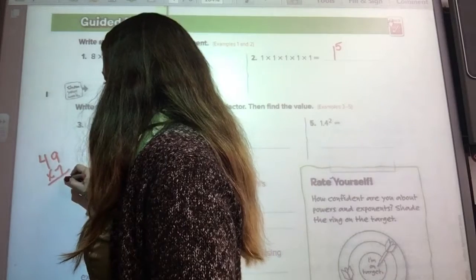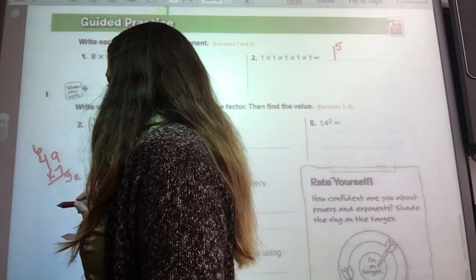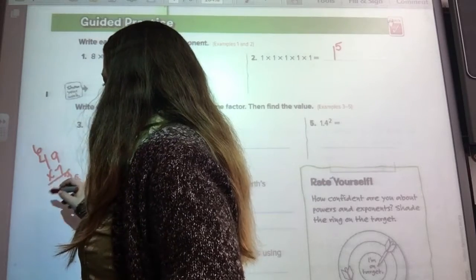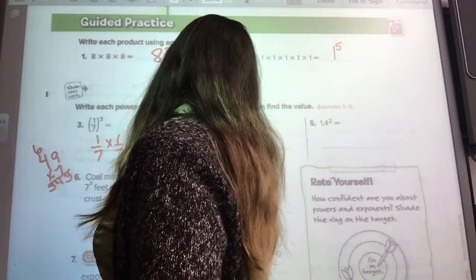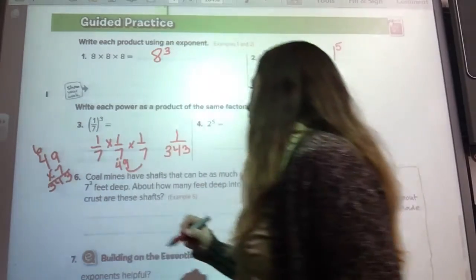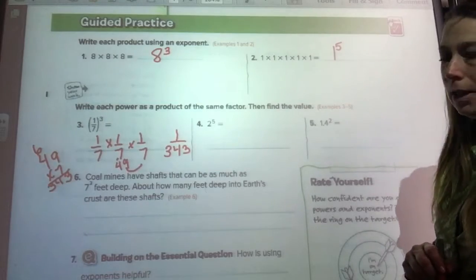Okay, 7 times 9 is 63. 7 times 4 is 28. So 1 over 343. Okay, this is good multiplication practice. Don't get a calculator, you can multiply.